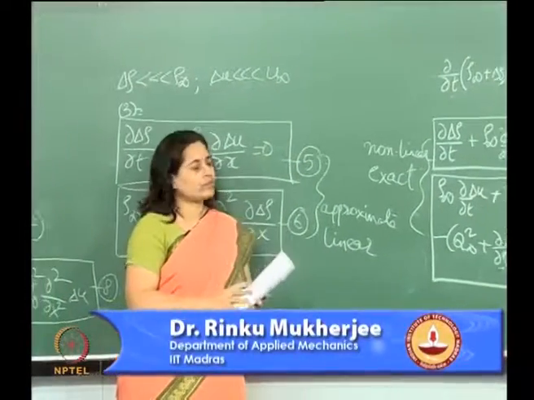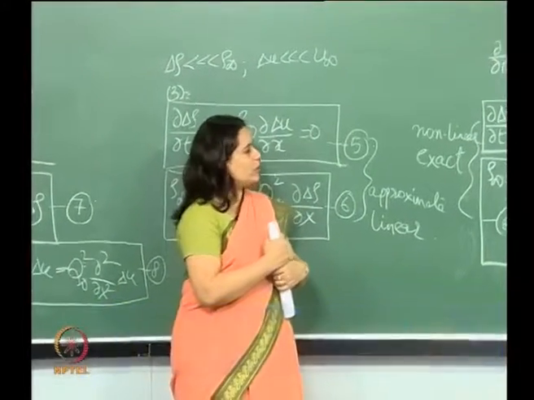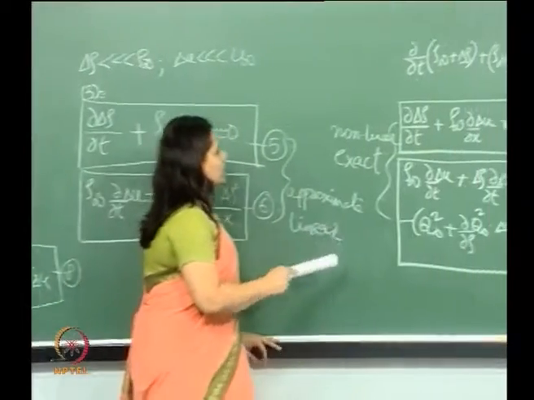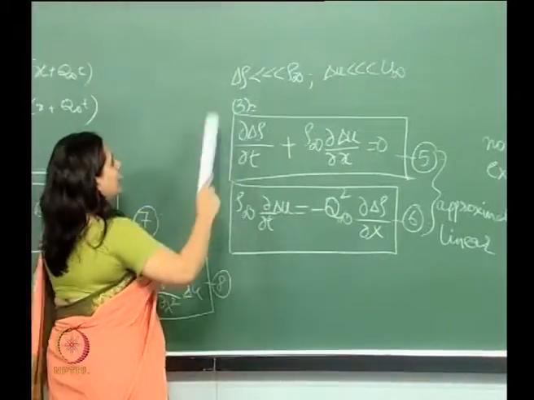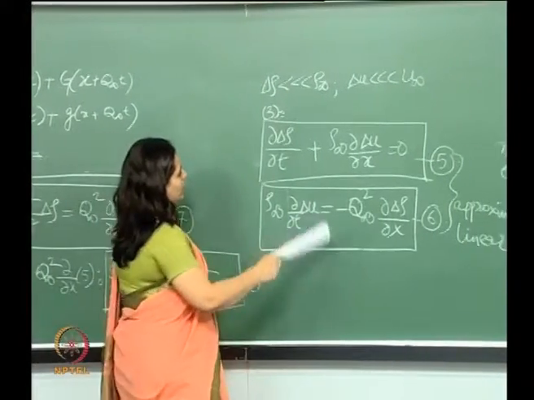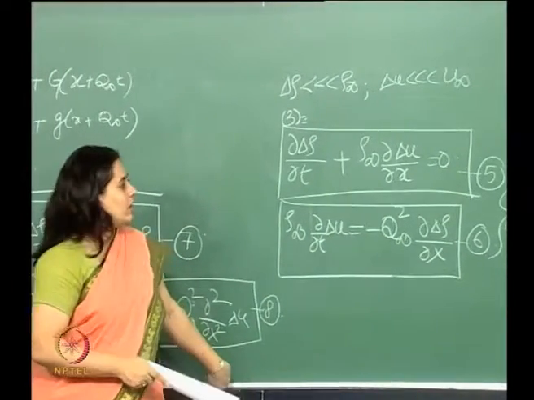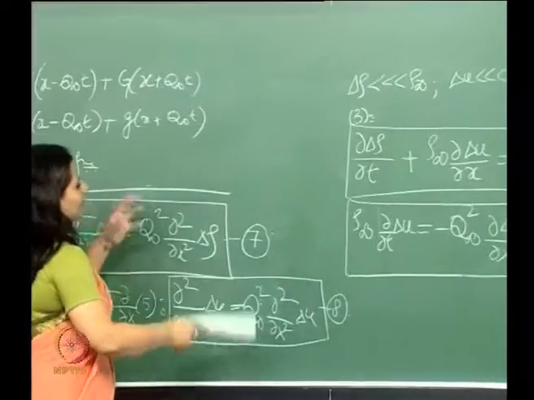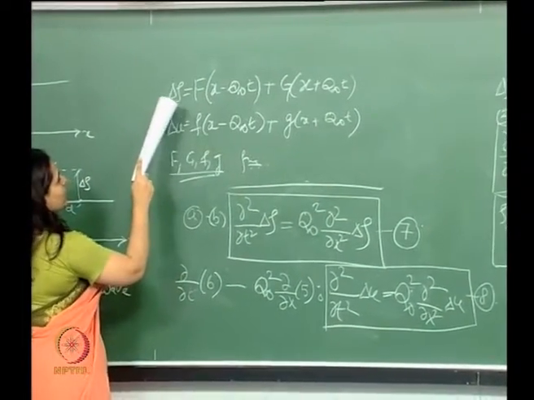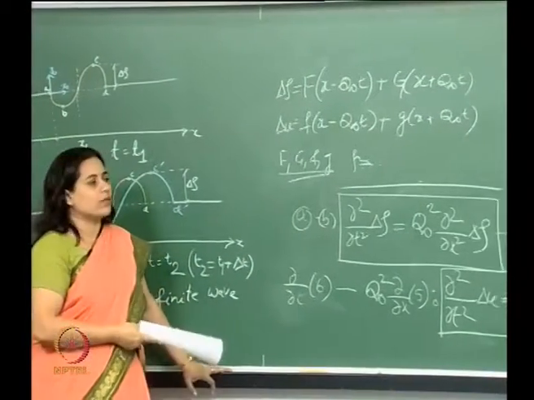To decrease the complexity of solving this, we said, this is complicated, this is too long. So we made a small perturbation assumption, and what we came up with are these two equations, which are approximate but linear, and we played around with those and found an expression for delta rho and delta u, which is what we set out to do at the beginning.